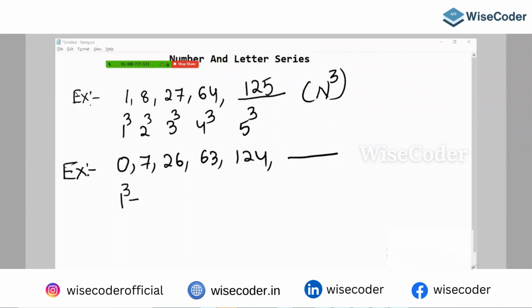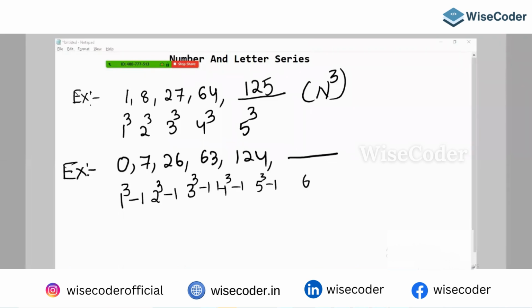1 cube minus 1 is 0. 2 cube minus 1 is 7. Next must be 3 cube minus 1, then 4 cube minus 1, then 5 cube minus 1.